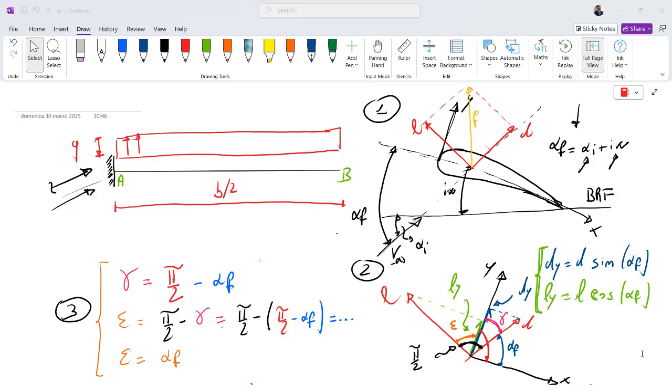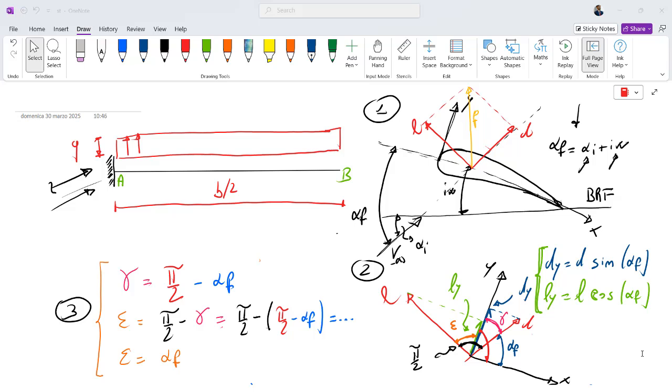On figure number 1, instead, we have the same wing but seen from the cross section. So if the first representation is the wing seen from the front, figure 1 is the wing seen from the cross section, and we see an airfoil with the body reference line that is indicated by the acronym BRF.